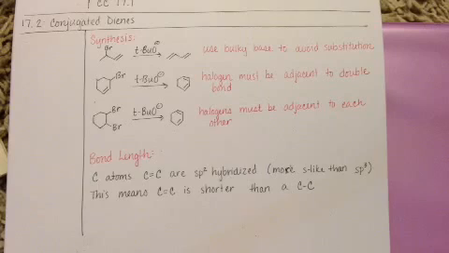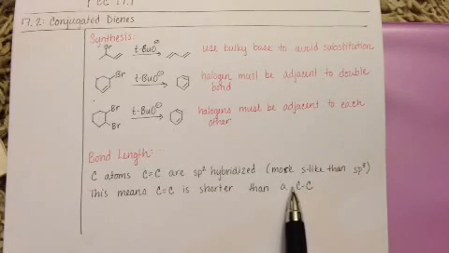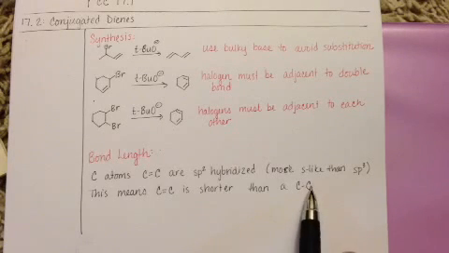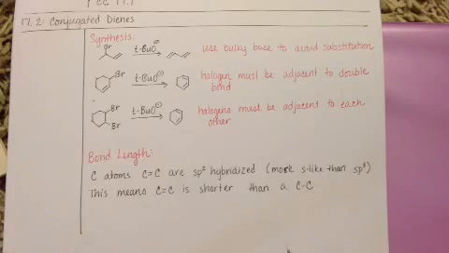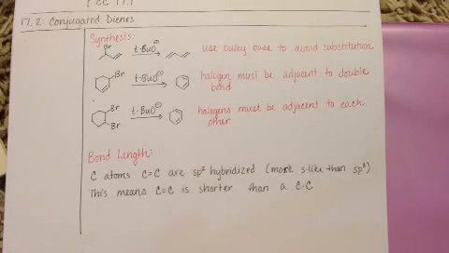And interestingly, in a conjugated diene situation, the carbon-carbon single bond that is in between the two alkenes, those are sp2 hybrid carbons as well, because those carbons are also part of an alkene, which means that the single bond that separates the two double bonds in a conjugated diene is actually shorter than a regular single bond.